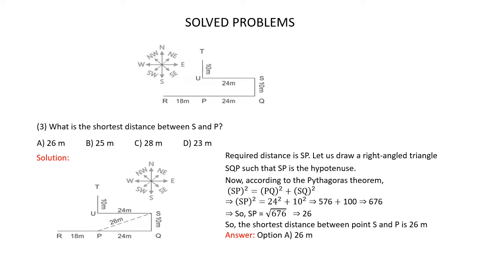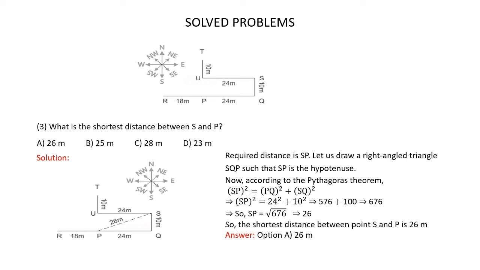Now to find the distance between points S and P, first let's join the points S and P to get a right angle triangle SQP such that SP is the hypotenuse. Now according to the Pythagoras theorem, SP squared is equal to PQ squared plus SQ squared.